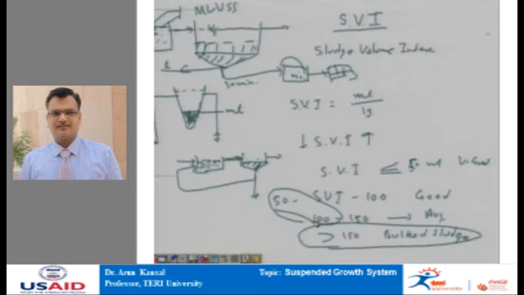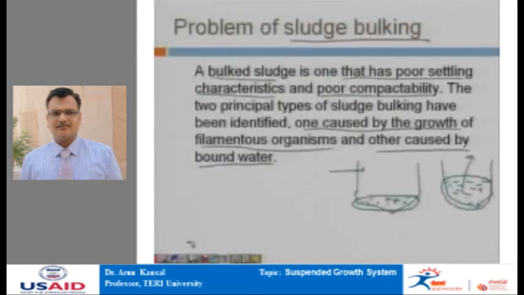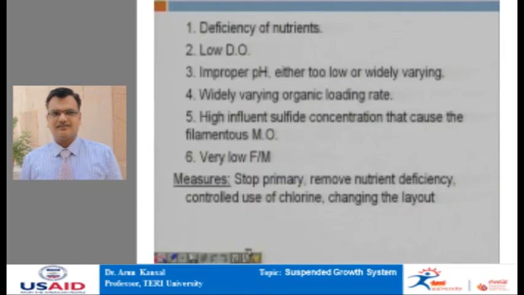But under certain conditions beyond our control, the value of sludge volume index suddenly shoots up and sludge becomes bulky. So, let us understand the reasons for sludge bulking.